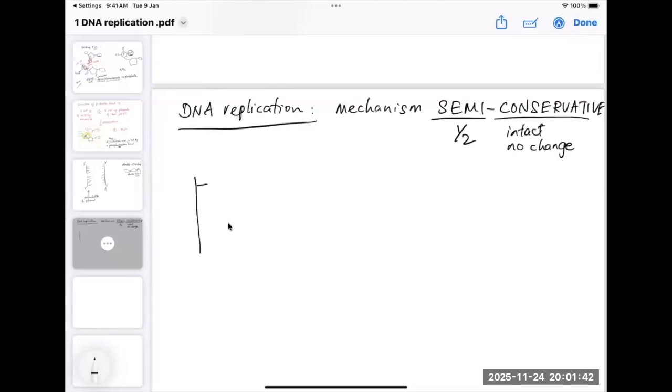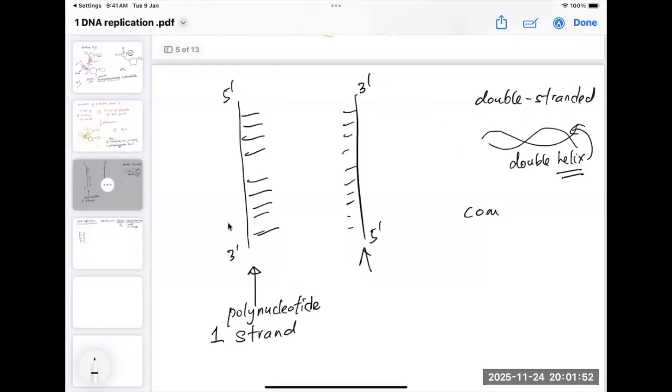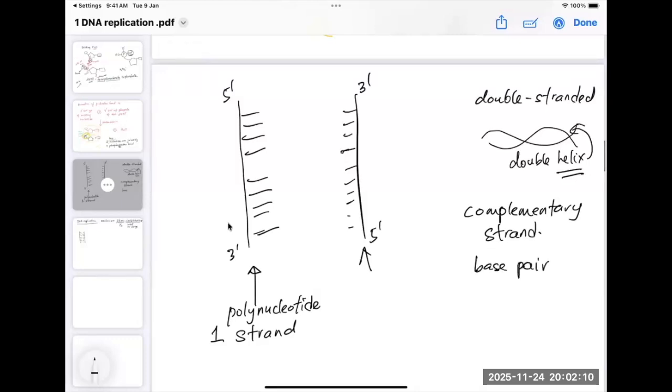So it started like this. The other term that you must use is complementary strand. If this is one polynucleotide strand, the other strand can be known as the complementary strand. Now, when you say base pair, what's a base pair?